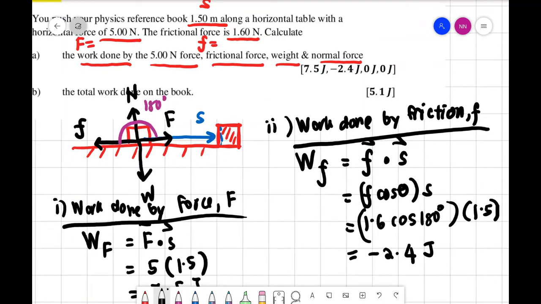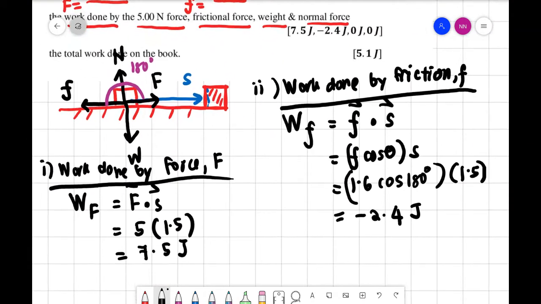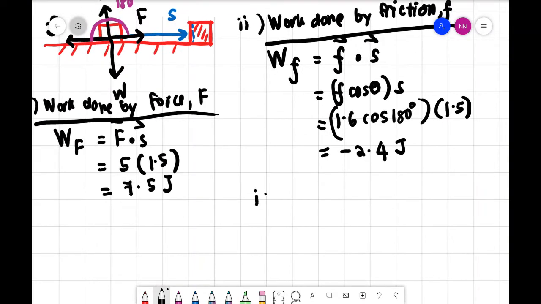And then the third one is work done by the weight.